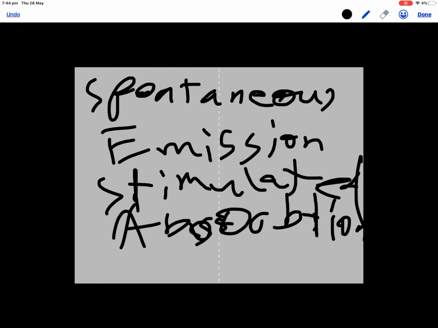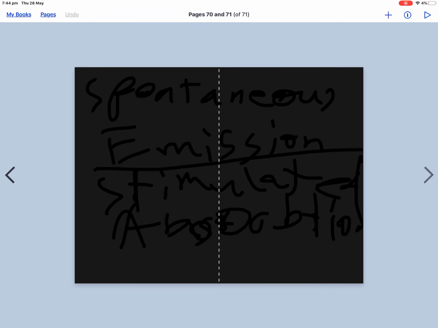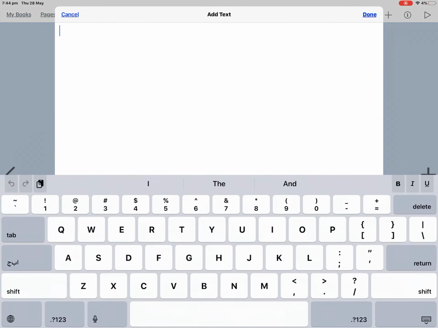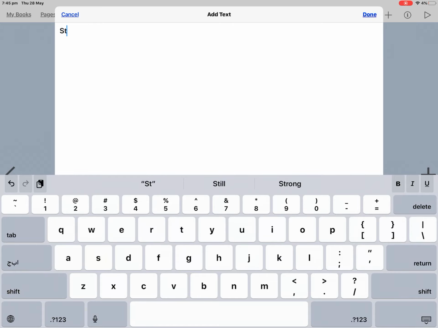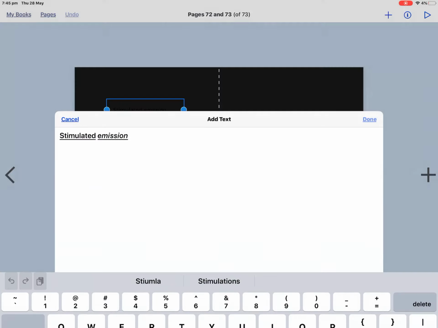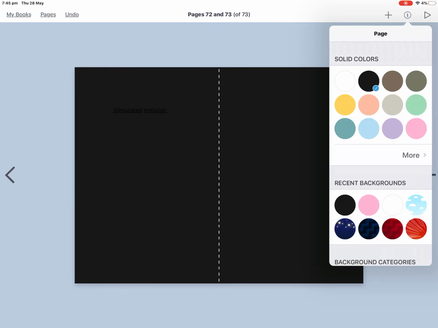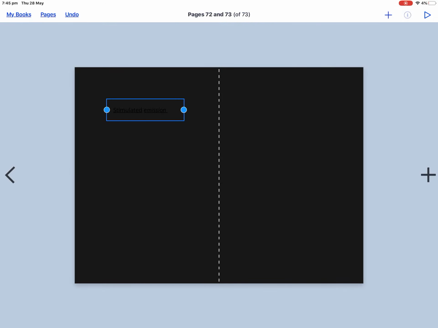These are the theoretical part, and this is also theoretical, but these are three different phenomena. So stimulated emission. This is the topic.